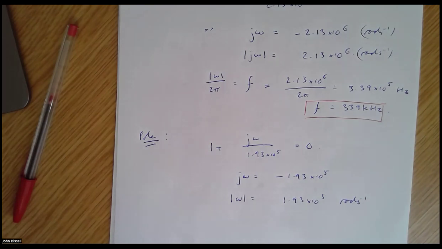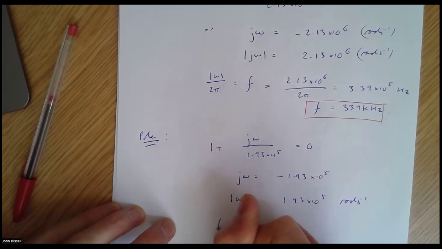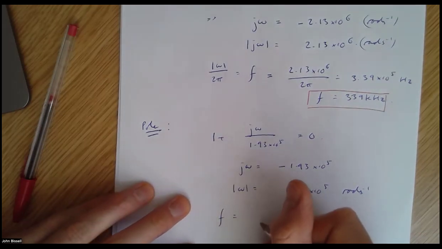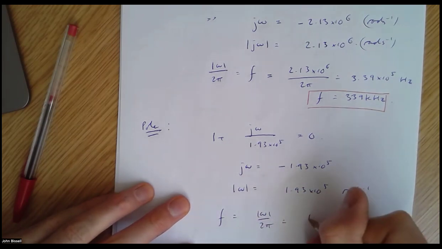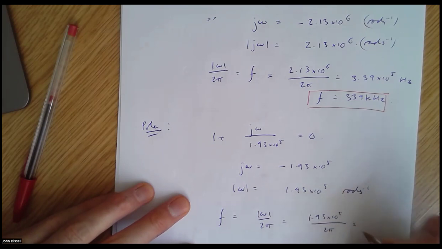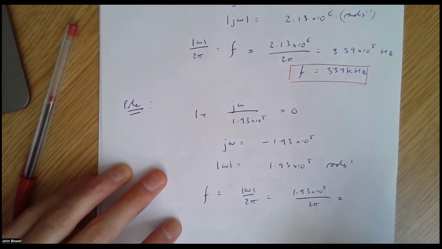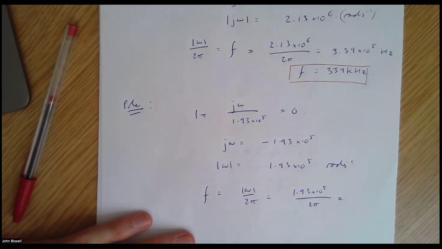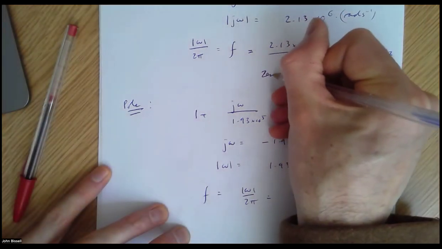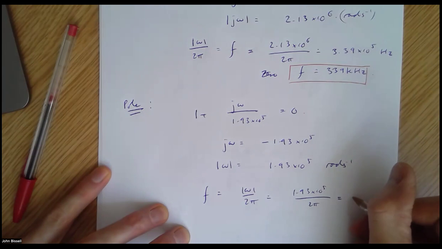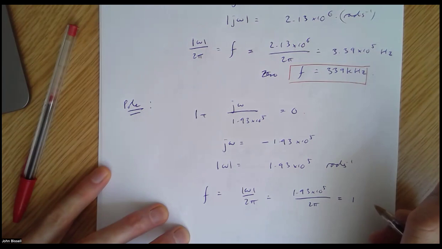As before, we have to convert to frequency in hertz. So we take the radians per second and we divide by 2 pi. Zia is going to give us what that is. 1.93 divided by 2 pi is 3.07 times 10 to the power of 4. 3.1, let's say.